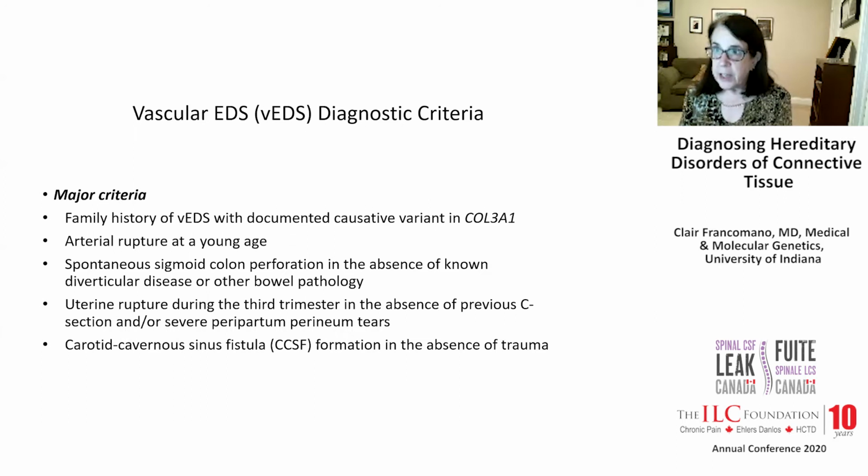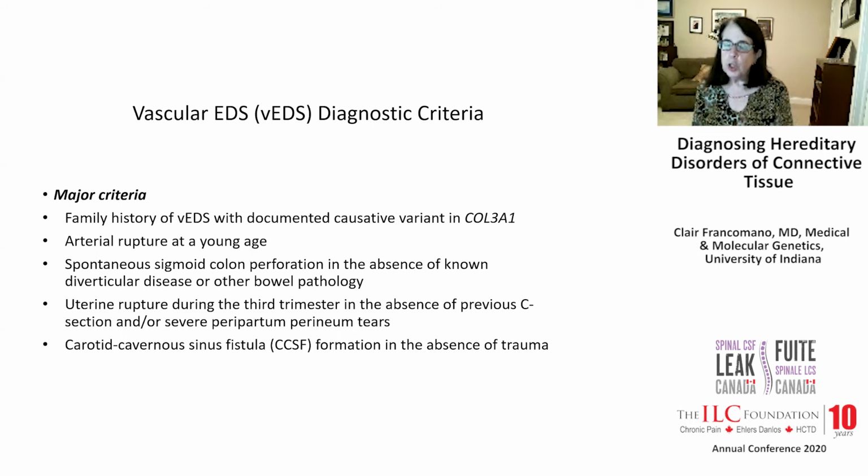Moving on to the vascular type of Ehlers-Danlos syndrome, in this condition, the major criteria include a family history of vascular EDS with a documented causative variant in COL3A1. This is the gene that encodes type 3 collagen. Arterial rupture at a young age, by young meaning probably less than 40.